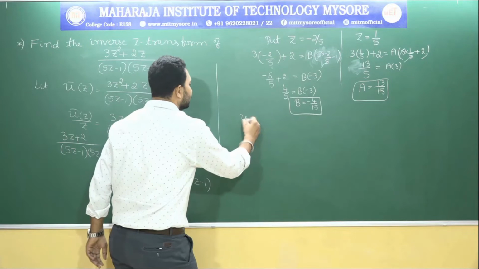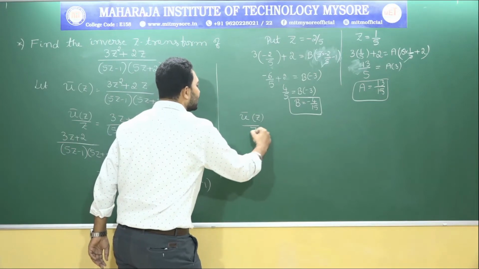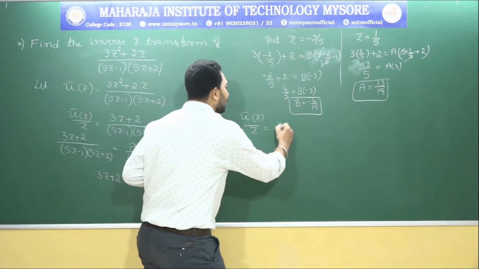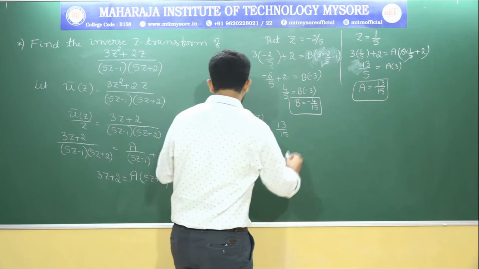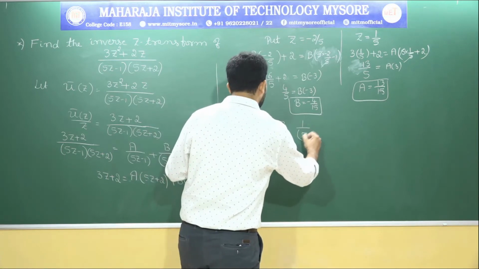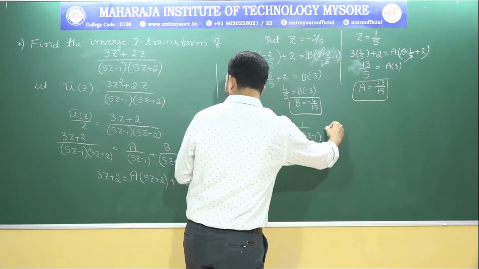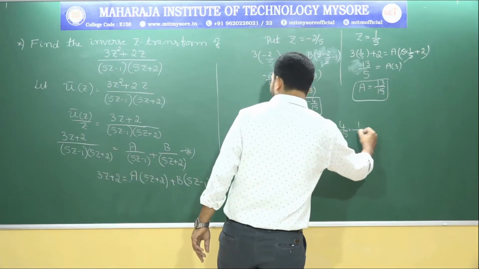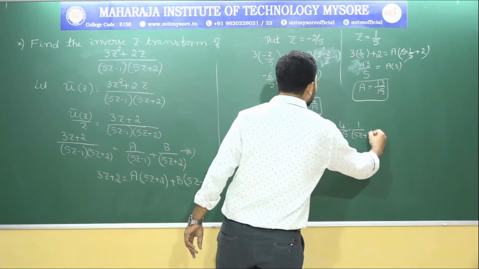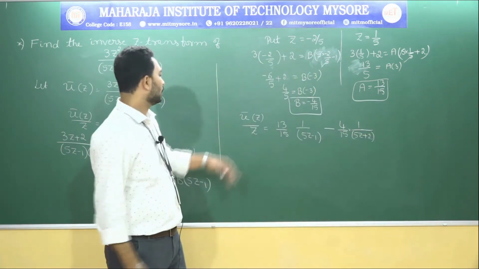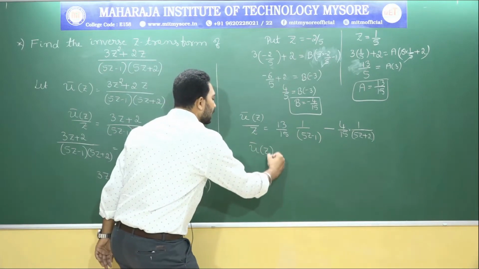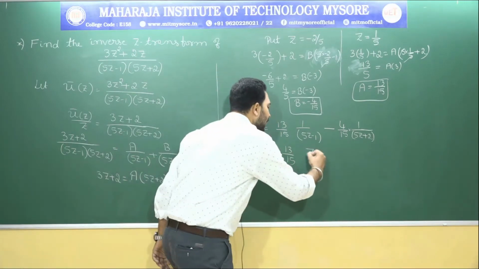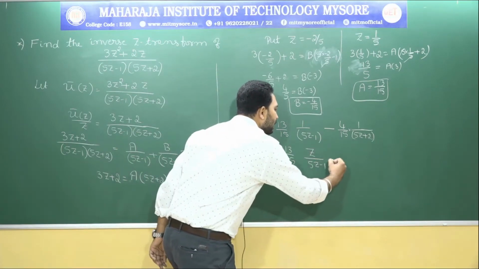It is u bar z by z equals, in the place of a we have 13 by 15 into 1 over 5z minus 1, minus 4 by 15 into 1 over 5z plus 2. So u bar z equals 13 by 15, take this z to right side, z divided by 5z minus 1.